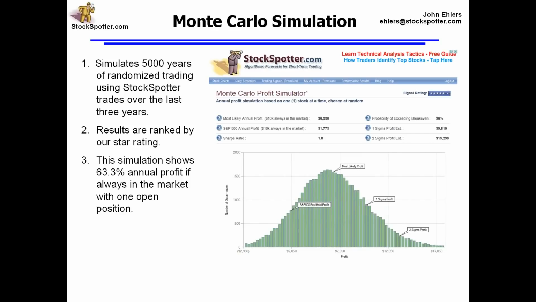So there is a principle of statistics that if we increase the members of the ensemble by 2, we reduce the standard deviation of the bell curve by the square root of 2. So if we increase the number of the members of the ensemble by 4, we cut the deviation in half. Well, to do that, instead of randomly trading one stock at a time from our picks, we would randomly trade 4 stocks at a time.